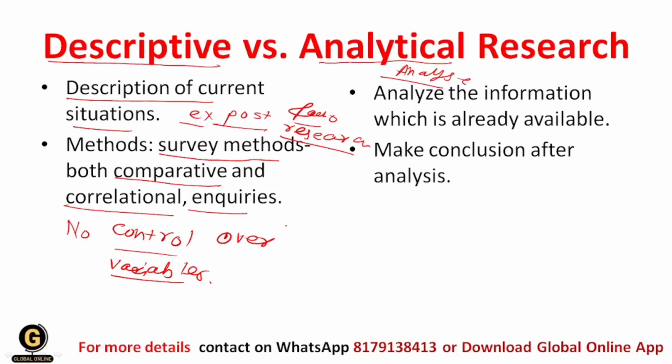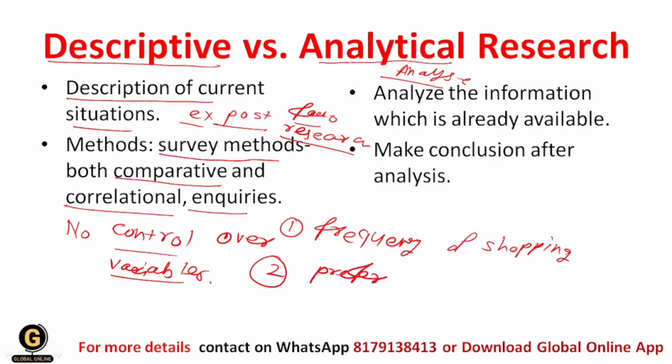So descriptive research is used first to know the frequency of shopping, then the preferences of people or similar data, and also to discover the causes.